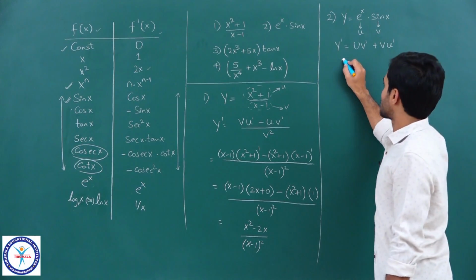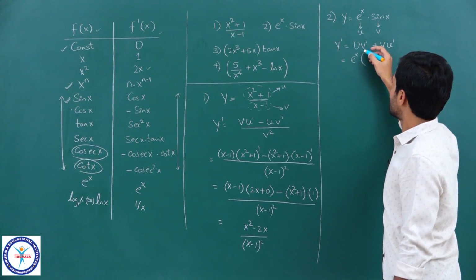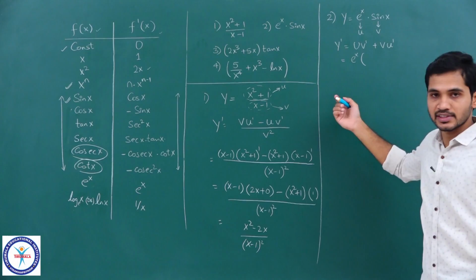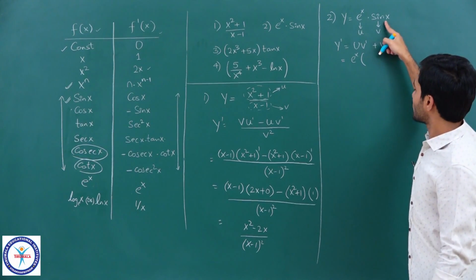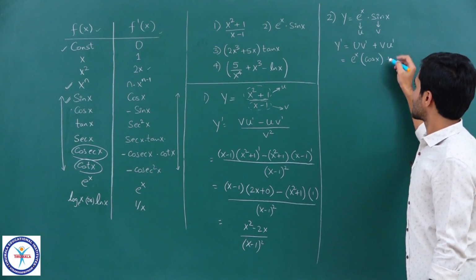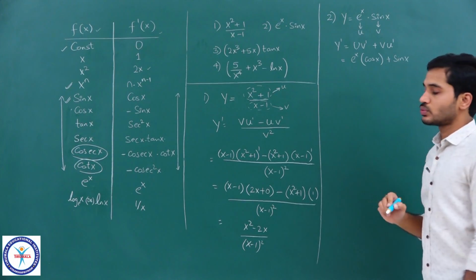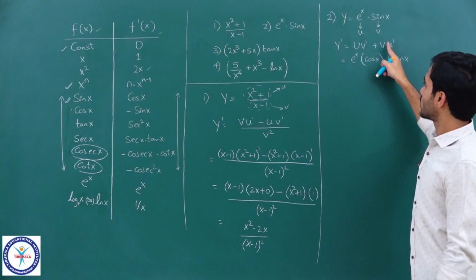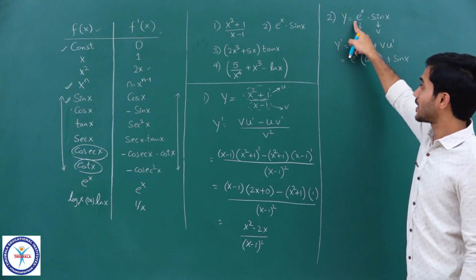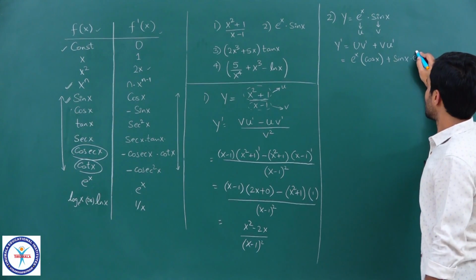So, just substitute that, u is e power x into this one. I will directly write the result now, you know this. So, derivative of sin x is cos x plus v into, v means sin x, into derivative of the first function. What is the derivative of e power x? E power x itself. So, into e power x.